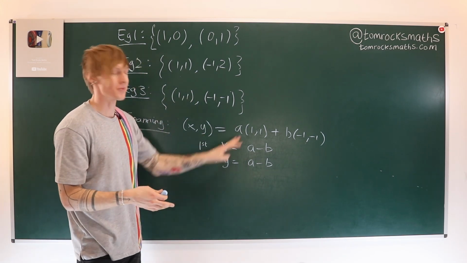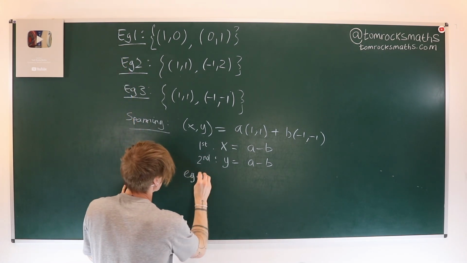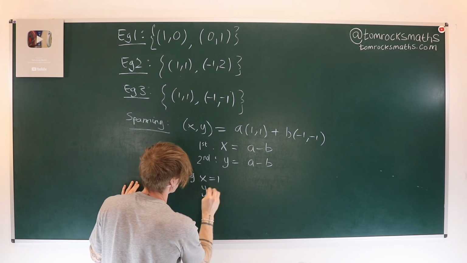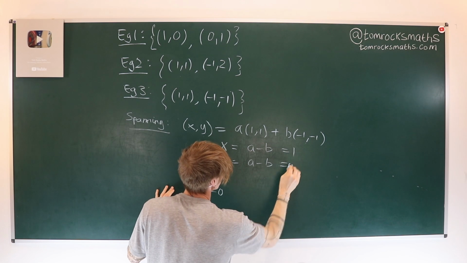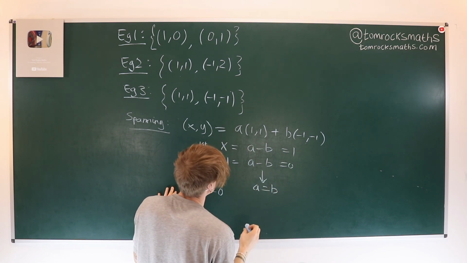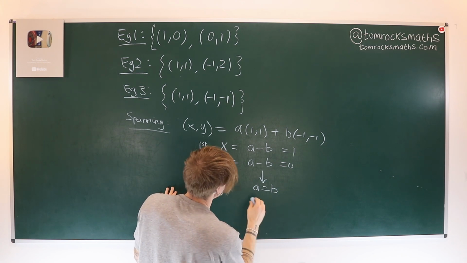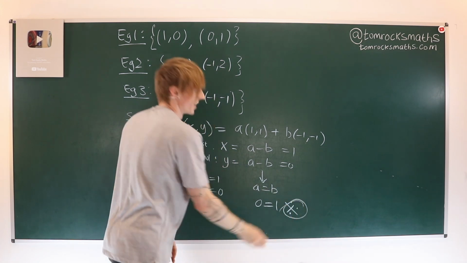So that's going to actually break these equations. So for example, if x was 1 and y was 0, this doesn't work, because then this would be 1, this would be 0. So this one tells you that a equals b. Plug it in the top, that tells you that 0 equals 1, which obviously is a very big contradiction.